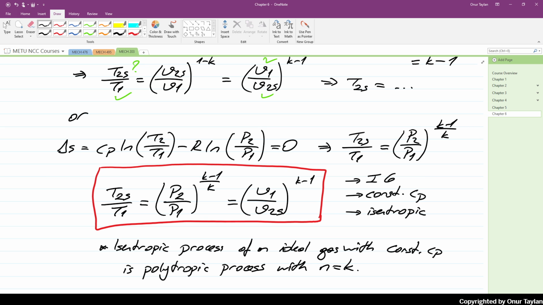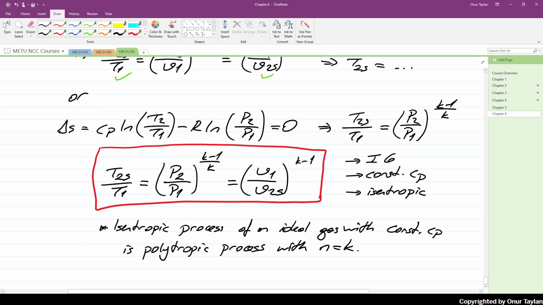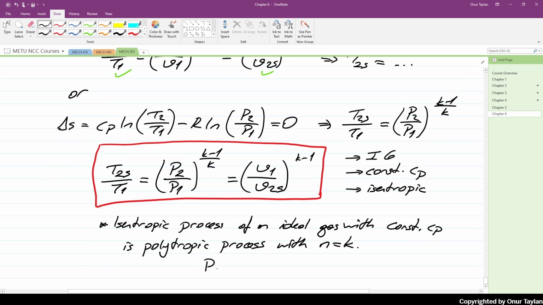So you have seen this relation before, but instead of k there was n. Again, I have to emphasize this: this relation is applicable for an ideal gas with constant specific heat, and you have to have an isentropic process. Otherwise, do not use this one. I emphasize this because it's a common mistake. So when I say polytropic process, P2 v2 to the power k is equal to P1 v1 to the power k, where k is Cp over Cv, and it's constant.